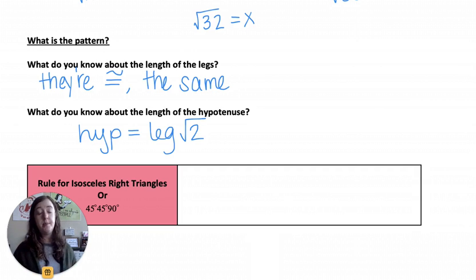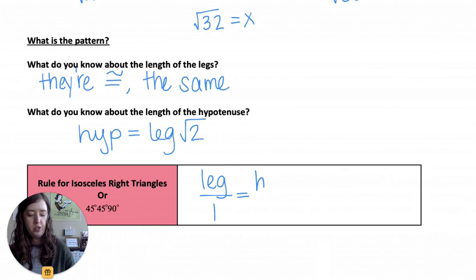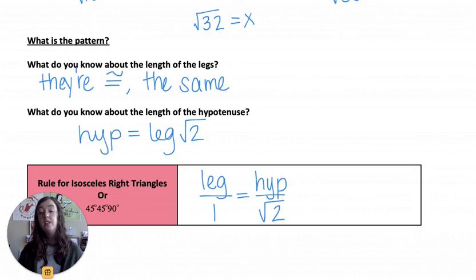And since they're similar, that means their sides are proportional. But the cool thing about 45, 45, 90 triangles is that we know that proportion. If we have the leg over 1, that's going to be equal to the hypotenuse over the square root of 2. So we're going to use that ratio, and we're going to cross multiply and solve each time.